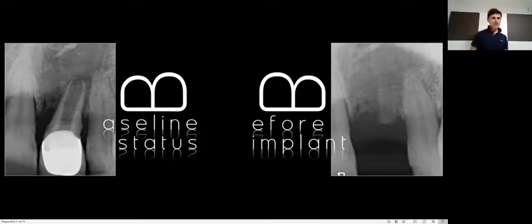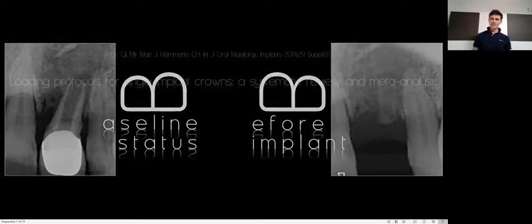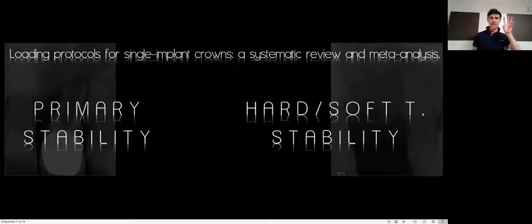This is the situation at baseline and after this central incisor extraction, following a ridge preservation technique. We will see after, because our goal was to obtain primary stability and hard and soft tissue stability, especially in this so delicate premaxillary area.